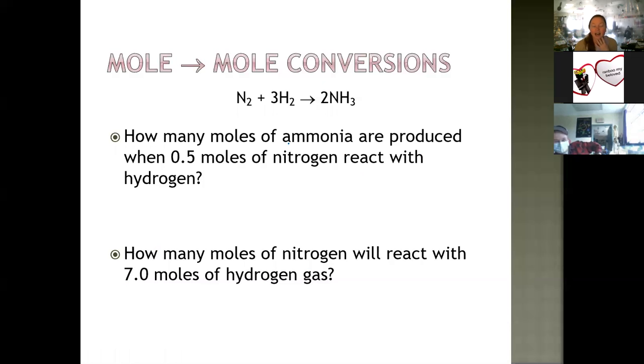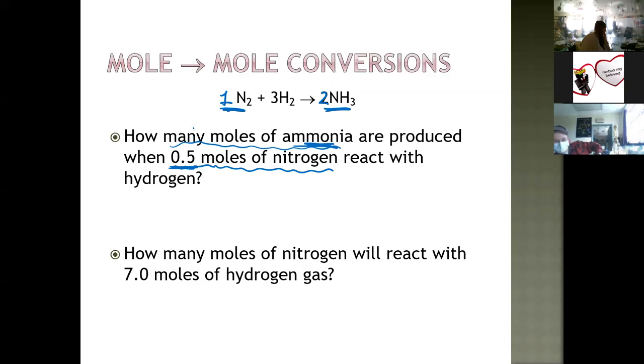So let's say that I don't have a whole mole of nitrogen, but I only have half a mole of nitrogen. I want to figure out, if I have half a mole of nitrogen, how much ammonia can I make? Well, I have a ratio of 1 nitrogen to 2 ammonias. So if I only have half a nitrogen, how much ammonia could I make?